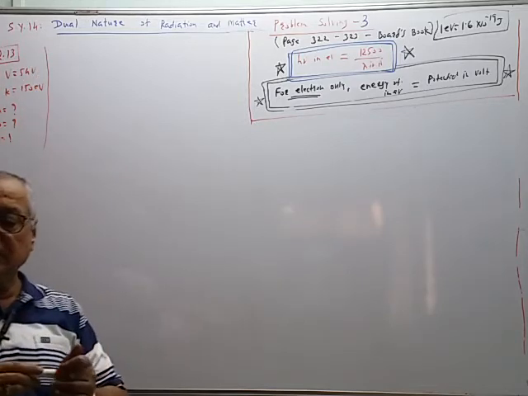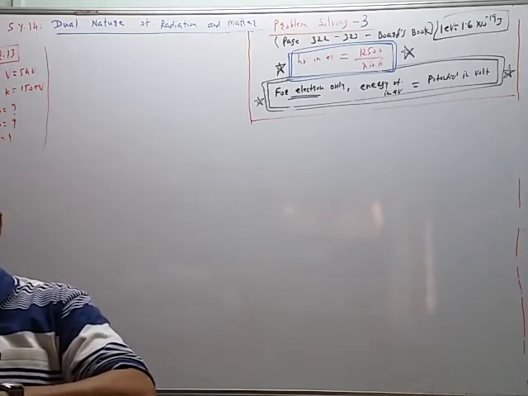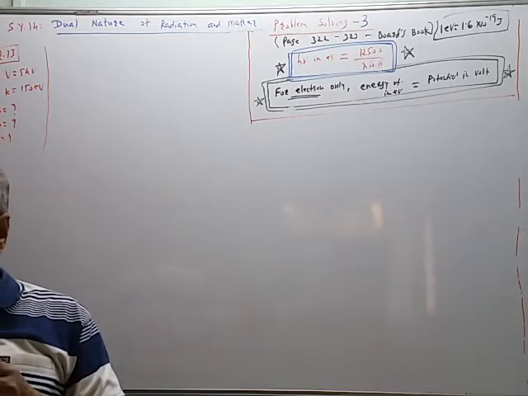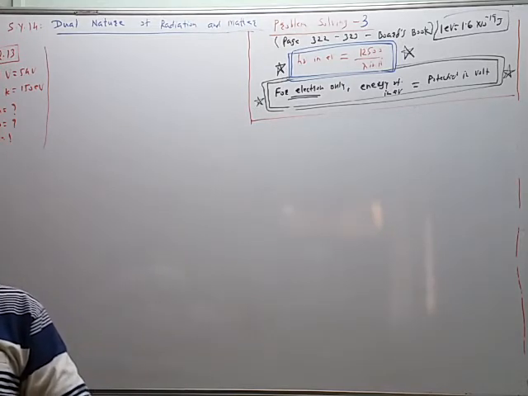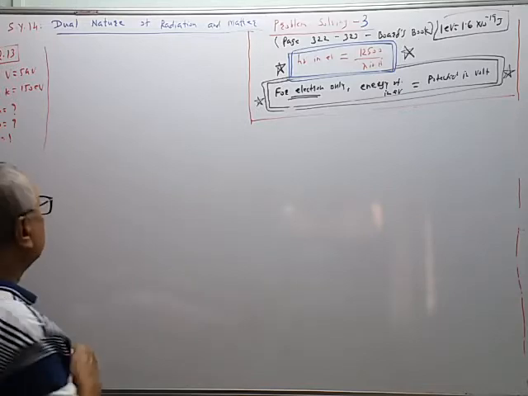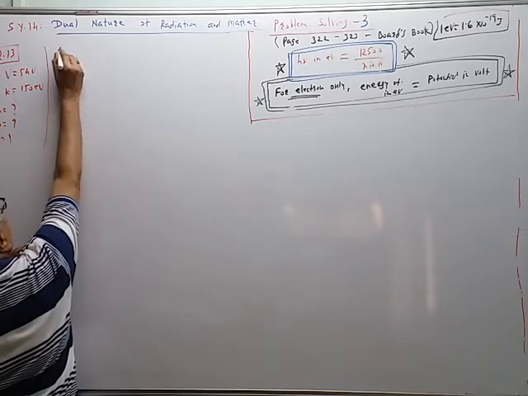So de Broglie's wavelength is given in terms of potential by this formula. Directly you can get the answer in angstrom or in nanometer.